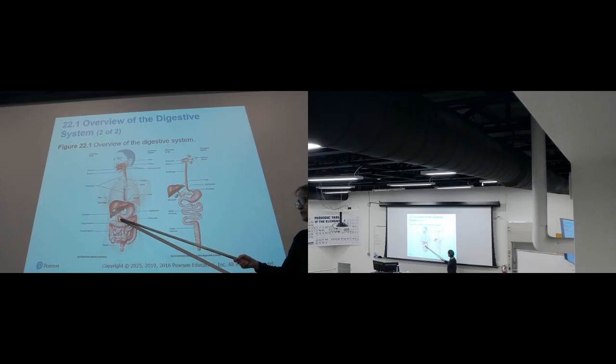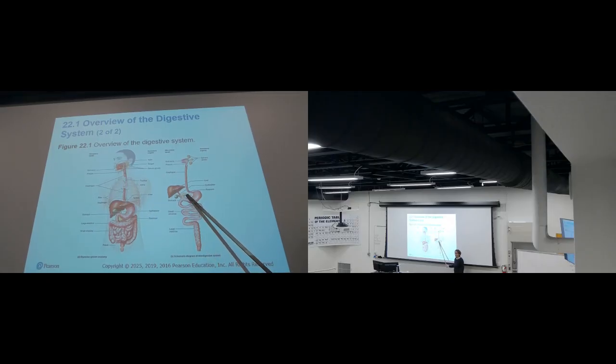And then behind the stomach, in the retroperitoneal space, we have the pancreas. The pancreas secretes digestive enzymes and also secretes endocrine hormones like insulin, glucagon, and somatostatin that regulate the levels of glucose.